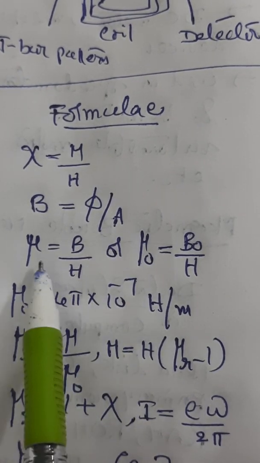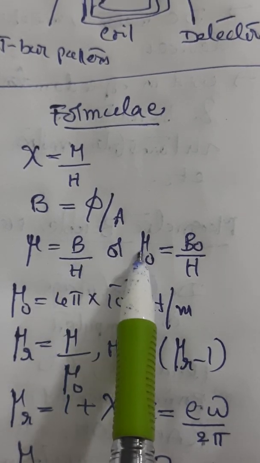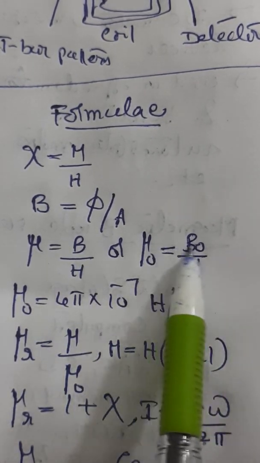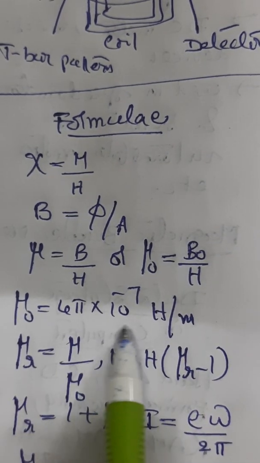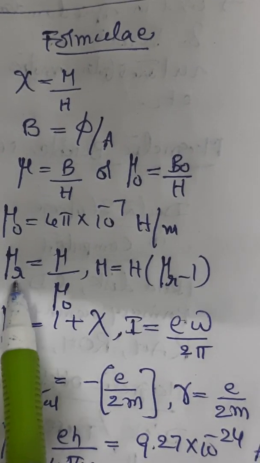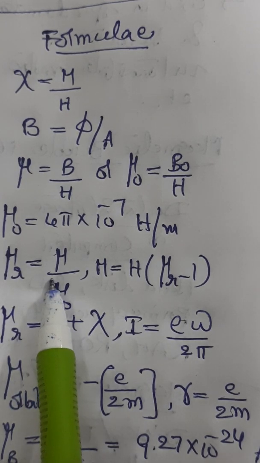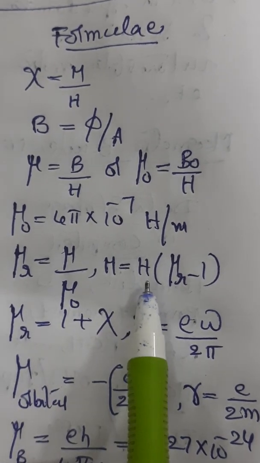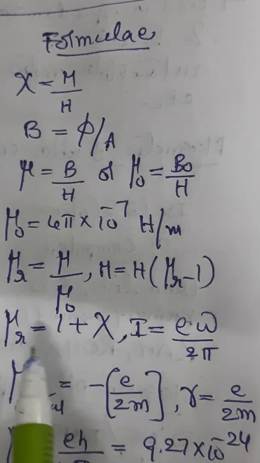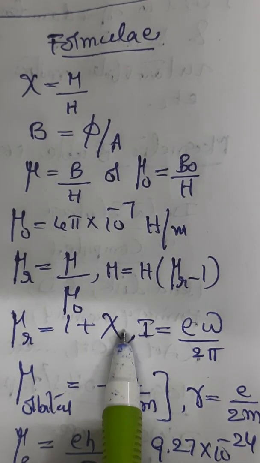Then you have magnetic permeability, which is also a ratio between these two. From this, permeability of free space can be calculated like this, where mu naught is the standard value. From there, you can calculate the relative permeability. So, relative permeability helps us to get this equation. And from them, intensity of magnetization can be calculated. And this is the relation between relative permeability in terms of susceptibility.